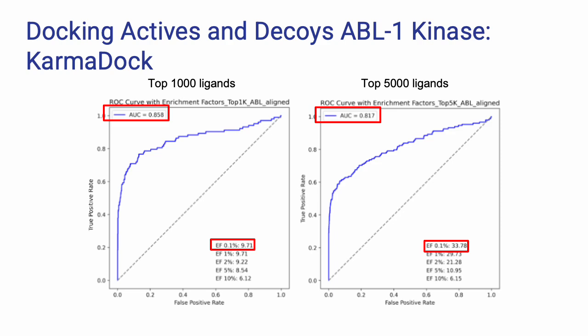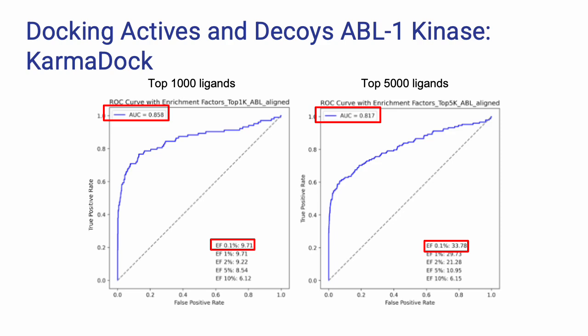For ABL1 kinase in KarmaDoc, it achieved higher AUC values of 0.86 and 0.82 in the top 1,000 and top 5,000 ligands respectively, reflecting better discrimination of actives and decoys. However, the EF values for the top 0.1% were 9.7 and 33.8, indicating poor enrichment of actives among the top ranked compounds.